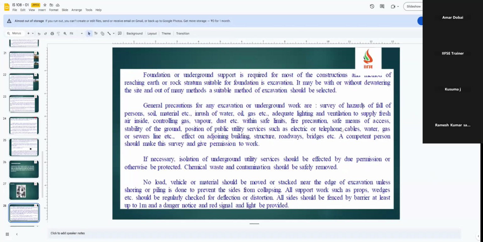Then making sure that proper lighting and ventilation is available, and also controlling of gas, vapors, or dust within the safe limits, fire precautions, safe means of access, stability of the ground, position of the public utility services such as electric, telephone cables, water, gas, and also sewer lines, effect on adjacent buildings, structures, roadways, bridges, etc. A competent person should make a survey and give permission to work.